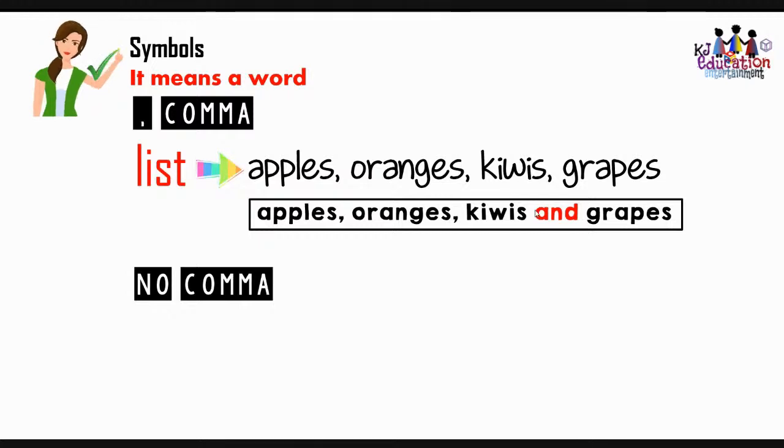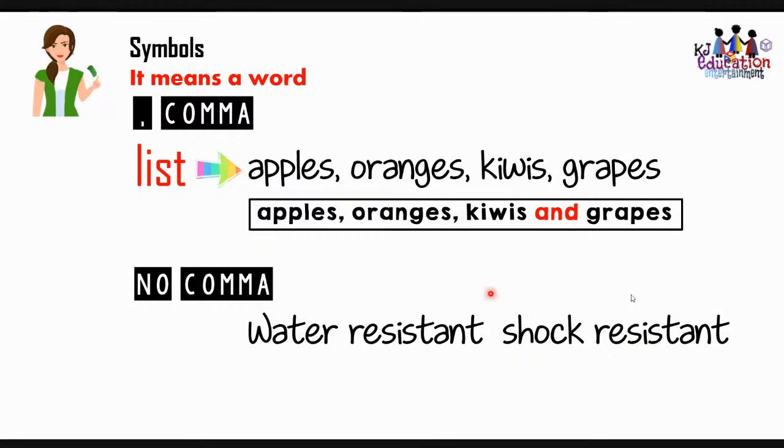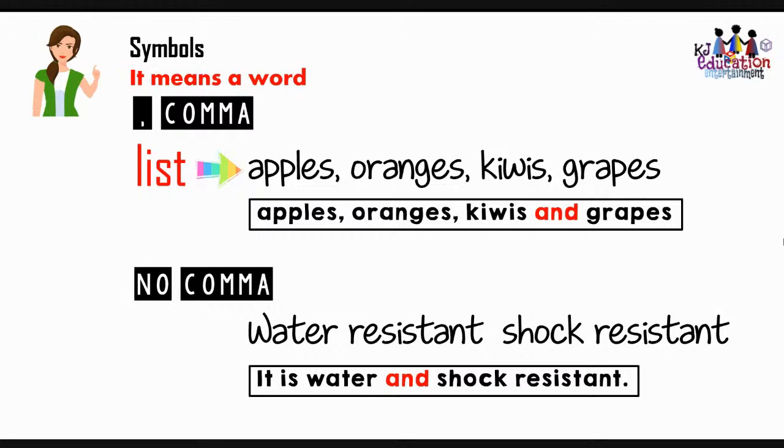For example, you don't have a comma, no comma. So, for example, the words water resistant, shock resistant. This refers to the state of a watch, for example. So there you have it. It is water and shock resistant.